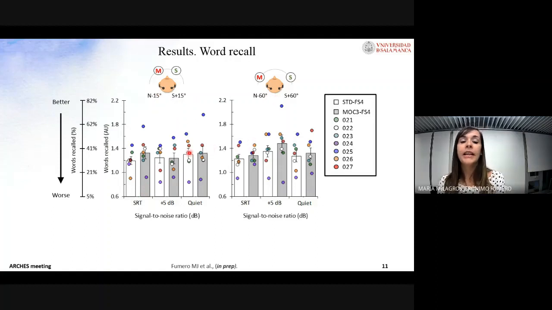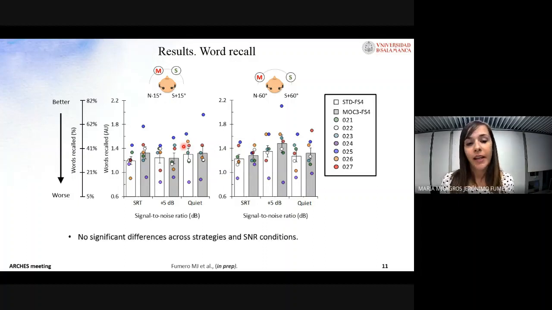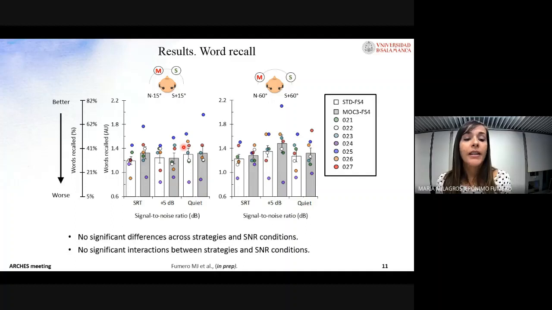And circles illustrate the individual mean score for each participant. And here we didn't find differences across strategies and SNR conditions. And the interaction between strategies and SNR conditions was not significant.